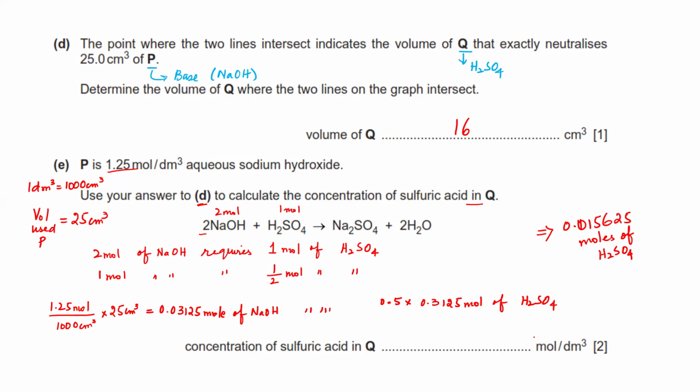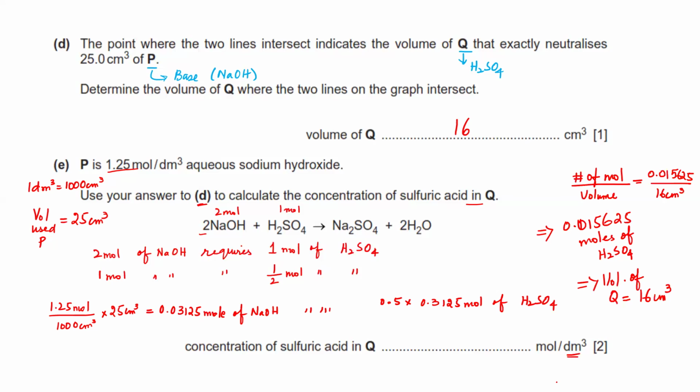And then you have to give the concentration. This is the number of moles, and the volume of Q, or H2SO4, is 16 cm³. The concentration will be the number of moles divided by volume, so 0.015625 divided by 16 cm³.